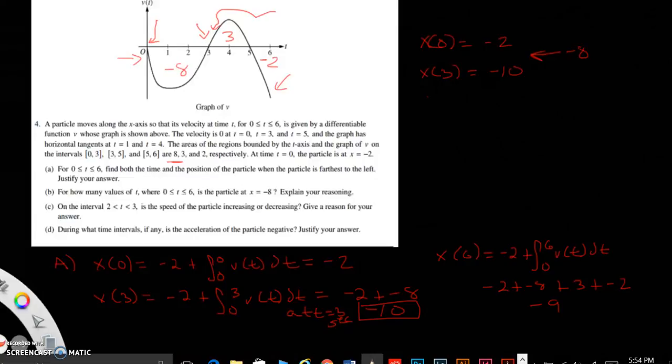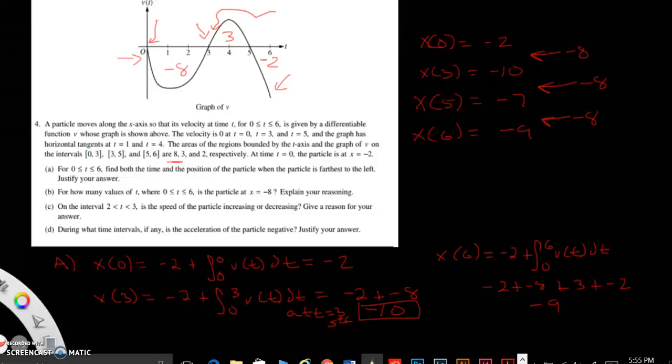So now we're going to do the next one, which is x of 5. So it's x of 5, right? x of 5 equals negative 10 plus 3, so negative 7. So negative 8 also is in between here. And we're using the intermediate value theorem. So now the last one is, let's test x of 6. x of 6 is negative 7 plus negative 2, which is negative 9, so also here.